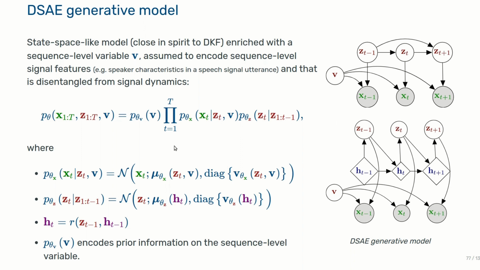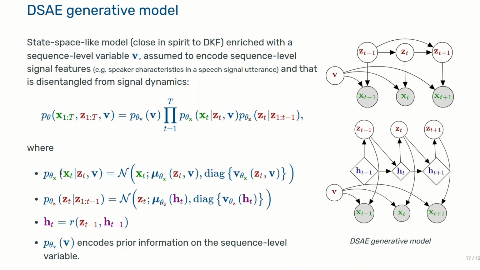The generative model is quite similar to the one of a higher order state space model. So V has its own prior. The observation likelihood depends on the current latent vector and on the sequence variable V, and the latent code depends on all previous latent codes.